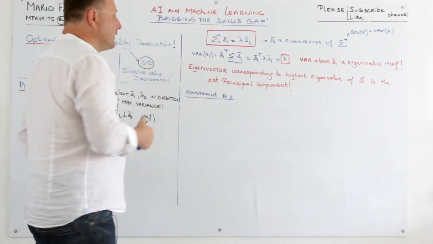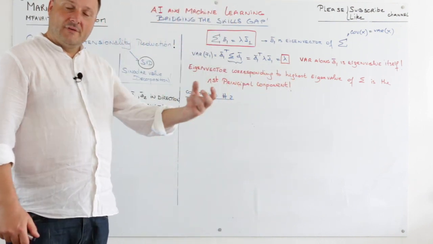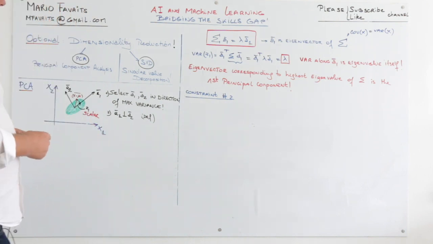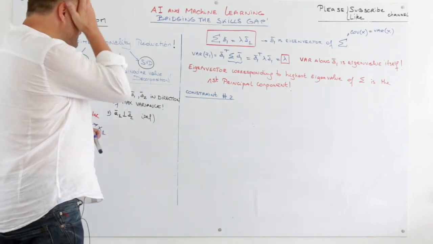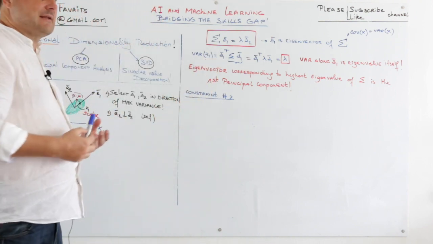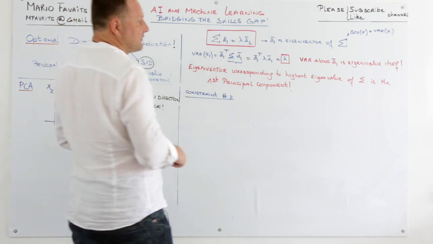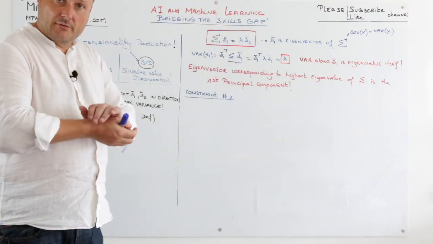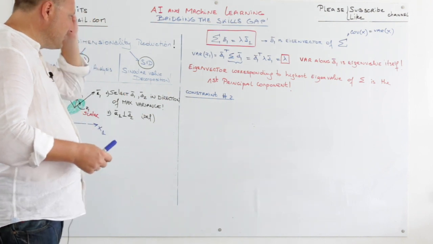So the variance along the A1 direction is the eigenvalue lambda itself. Okay? Now the eigenvector A1 corresponding to the highest eigenvalue of that covariance matrix is the first principal component. So we found our first principal component.